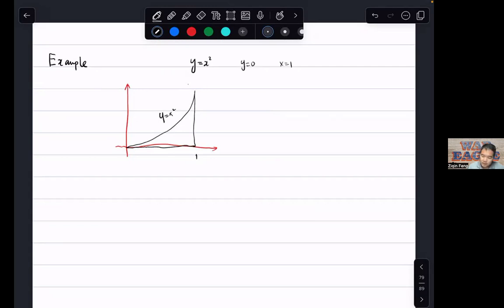You have an intersection here. So let S be the region bounded by these three curves, and we want to calculate the area of S. S is this blue shaded region.